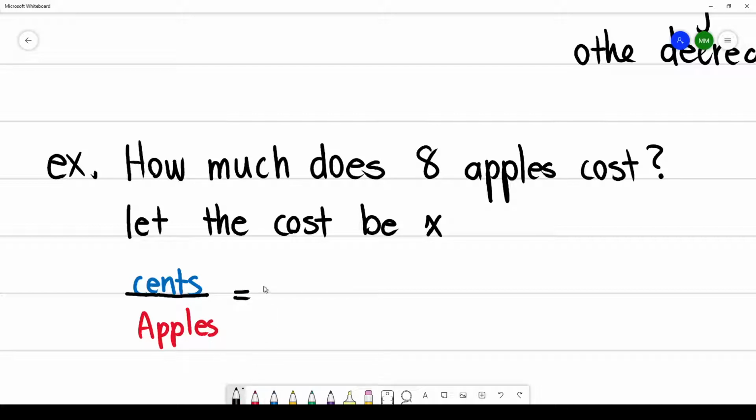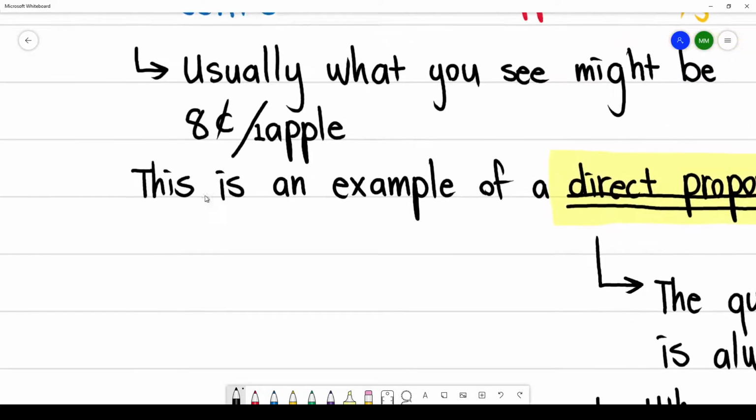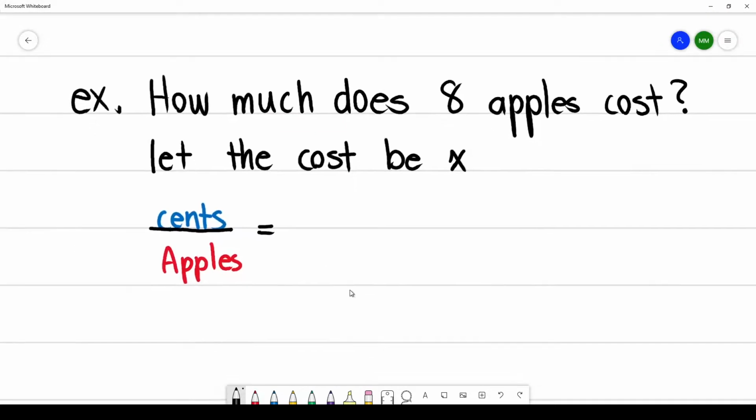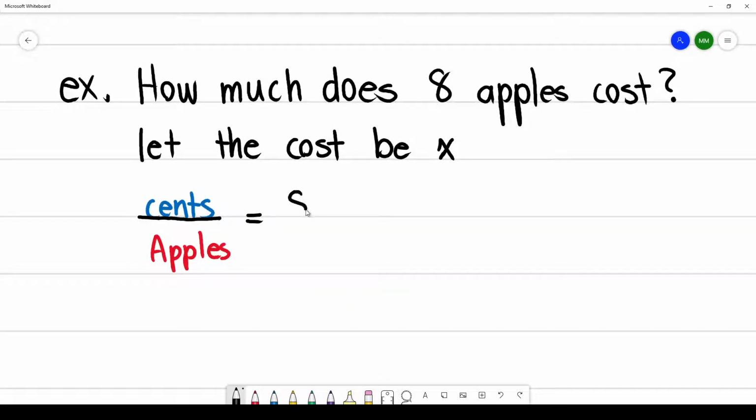This is equal to, first we look at our direct proportion, which is 8 to 1. So 8 over 1, that's our proportion. And that is equal to, now we want to find out how much 8 apples cost.